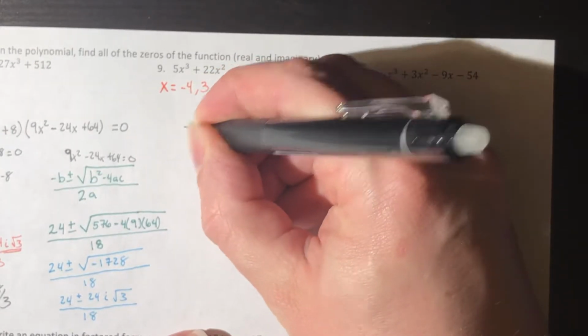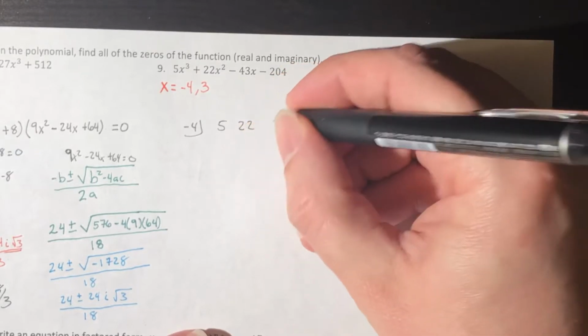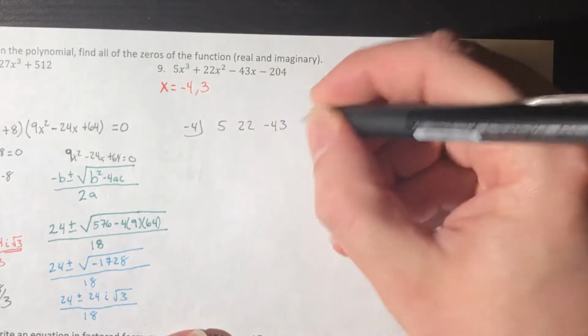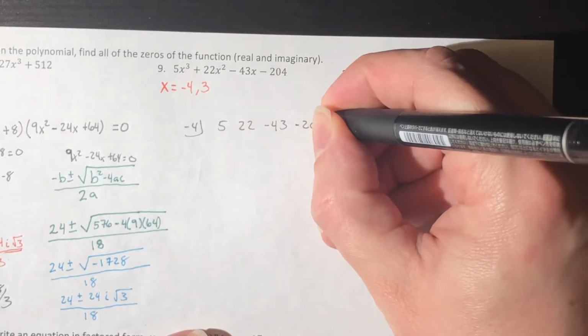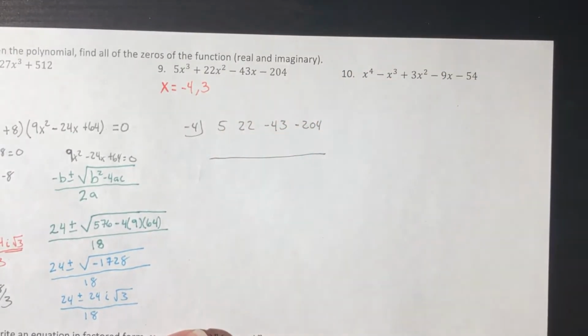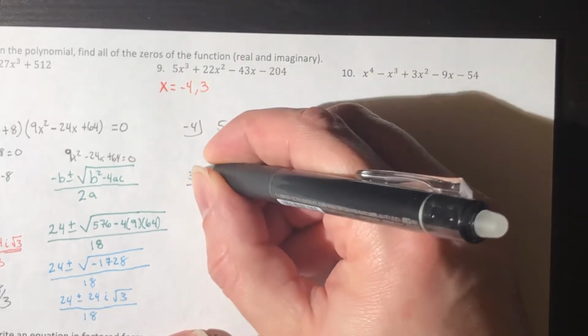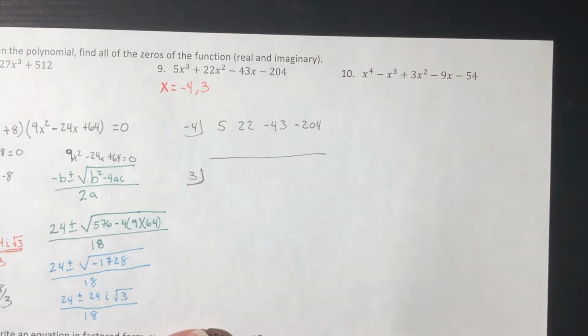So I have -4 goes in the box, and I have 5, 22, -43, -204. I'm going to have to do it a second time using the other 0 that I know, so I can set it up already.